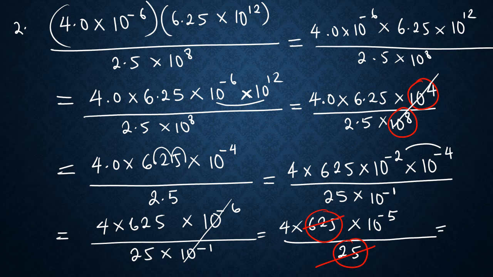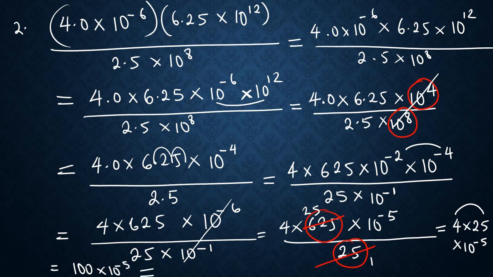So this is going to give us 4 times 25, then times 10 to the negative 5. And we know that 4 times 25 is 100. Which means we have 100 times 10 to the negative 5.